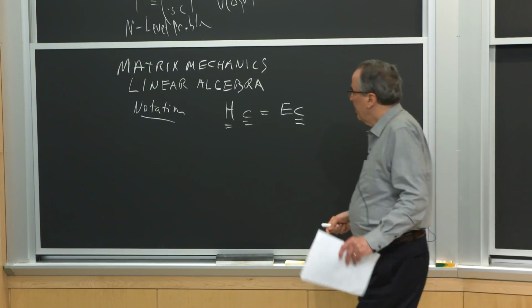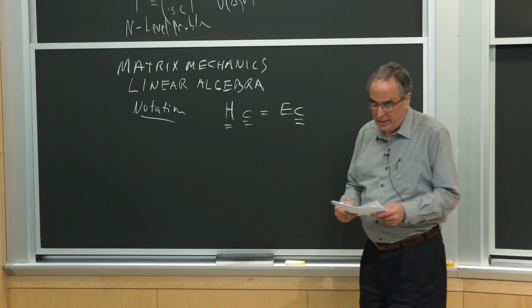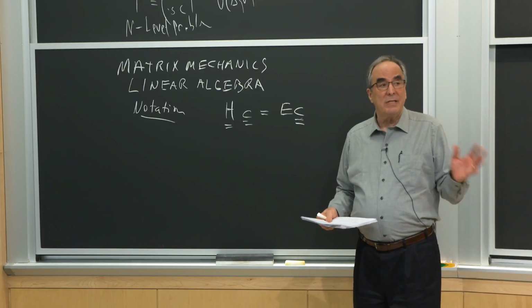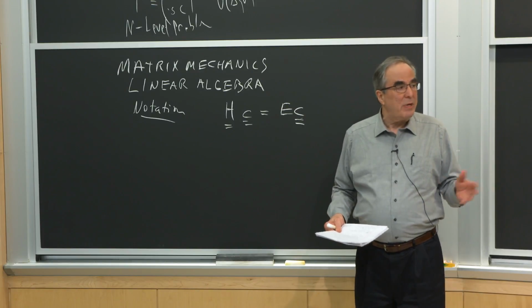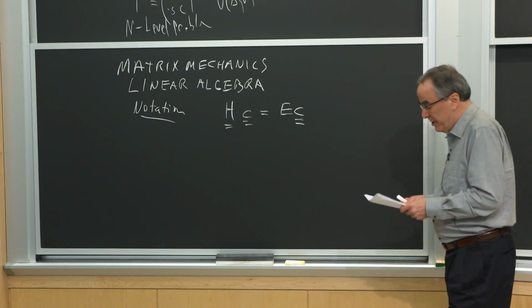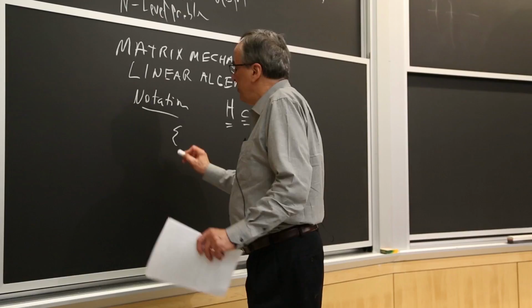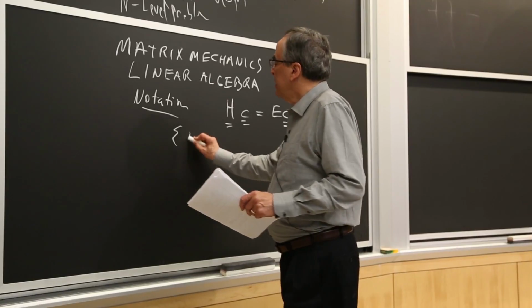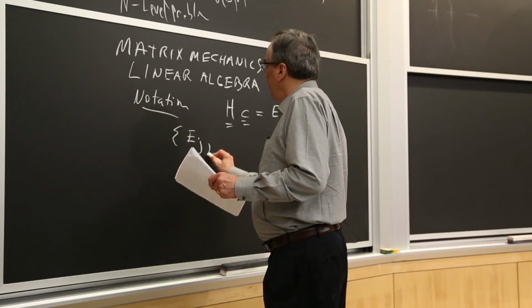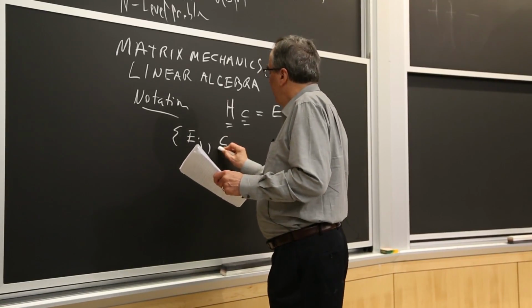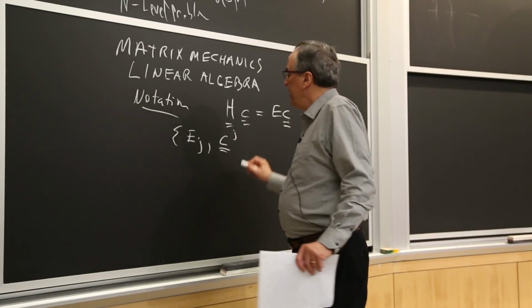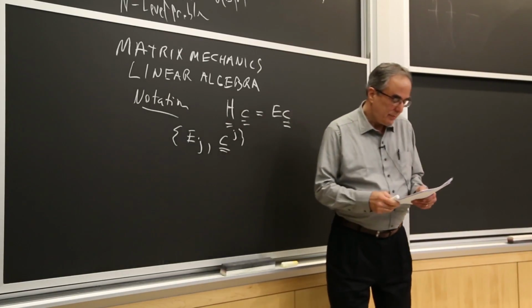And this is the form of the Schrodinger equation. And we can pretend that it is the real Schrodinger equation, and we can use the standard approaches. But it's useful to work in matrix notation. So we can solve for the energy levels, and we can solve for basically all of the eigenvectors.